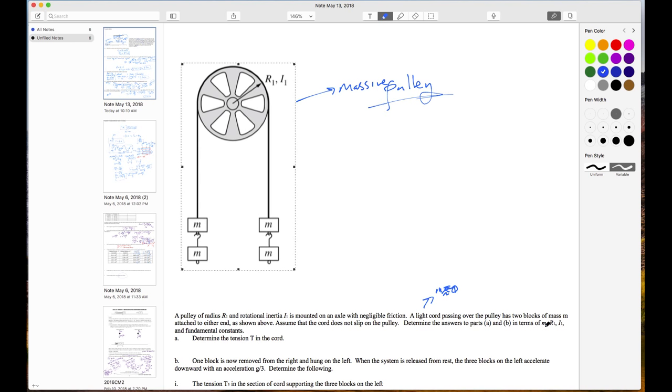Determine the answers in terms of m, r1, I1, and fundamental constants like gravity. So what is the tension in the cord?